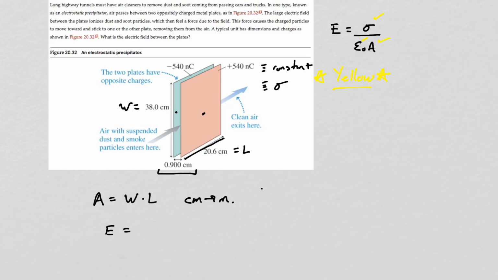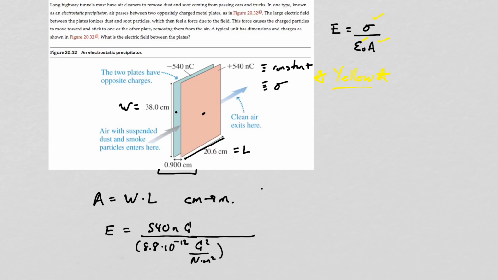Our E is going to be our 540 nanocoulombs, whole thing divided by epsilon 0, which again, I remind you, is 8.8 times 10 to the minus 12 coulombs squared divided by newtons meters squared.